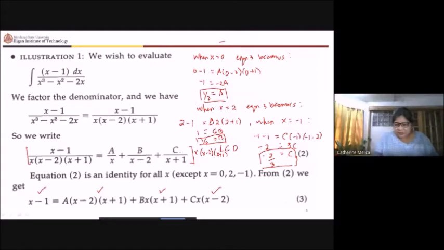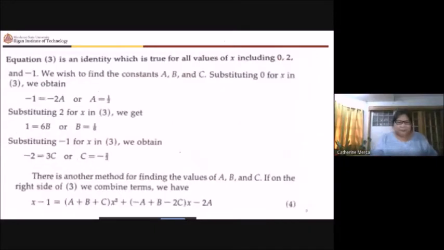So, yun yung values. And your quantity that you are supposed to integrate is a over x plus b over x minus 2 plus c over x plus 1. So that you now have the following. So, correct yung value natin. Your value is a equals 1/2, b equals 1/6, and c equals negative 2/3.